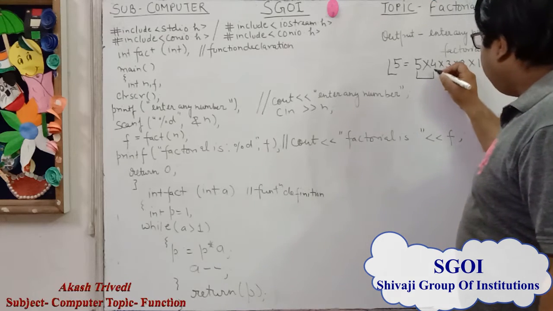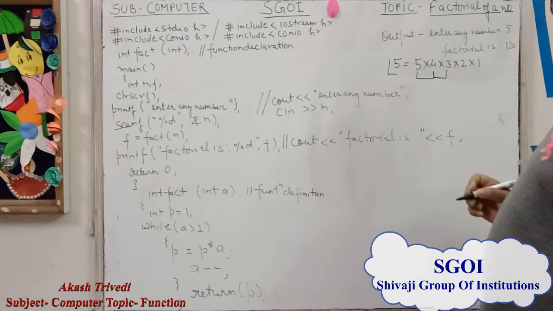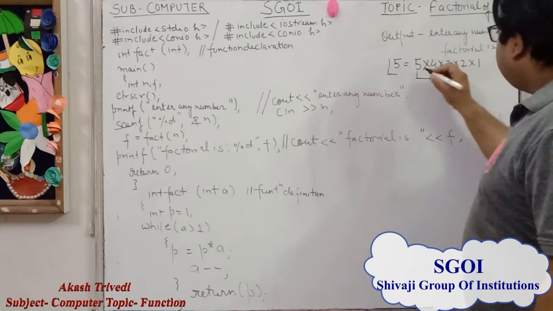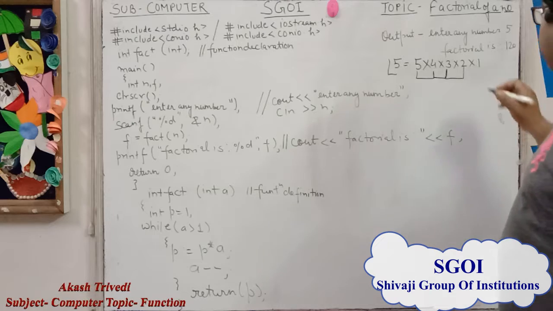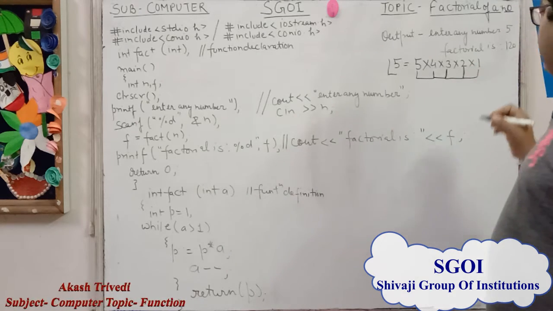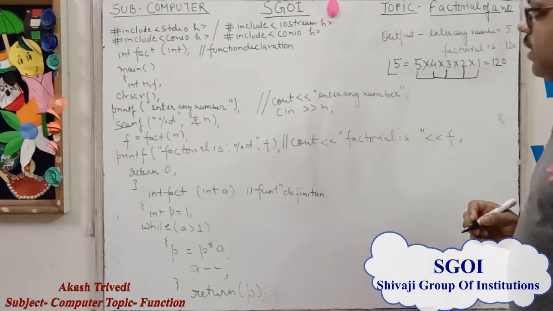Then we multiply the stored value with 3, then with 2, then with 1. After that we find the result, that is 120, and 120 is the factorial of the given number.